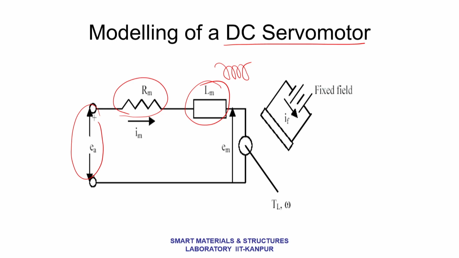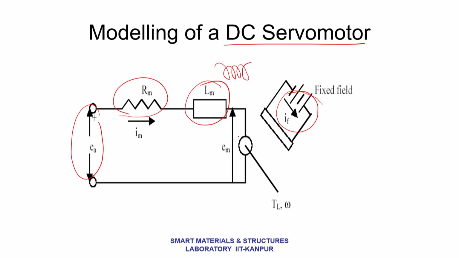It is excited by IF, that is from the field itself, and the rotation of the system is also going to create a back EMF. We have to keep in mind that as the system rotates there will be a back EMF. Now, these are all electrical parts.